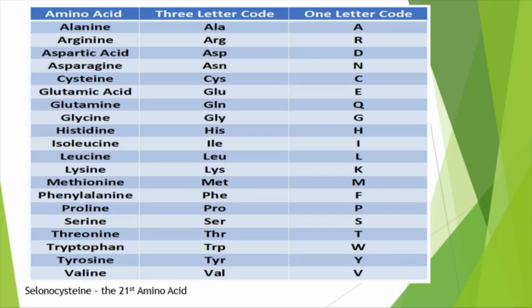Okay, so your selenocysteine is not present there. Only these 20 are present during translation, because each codon of RNA in transcription will be translated during translation, and it will become an amino acid.